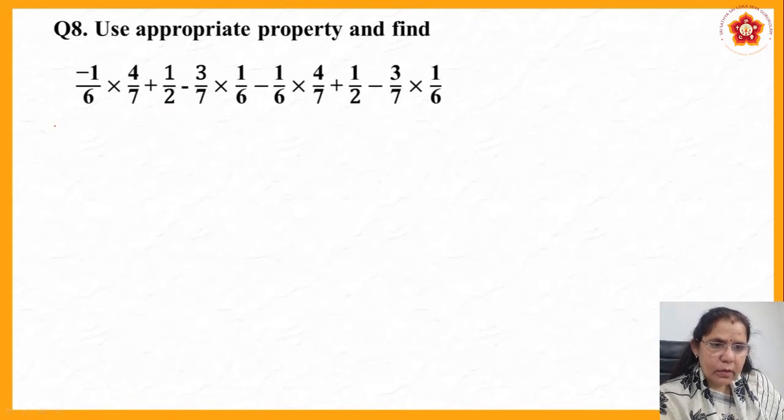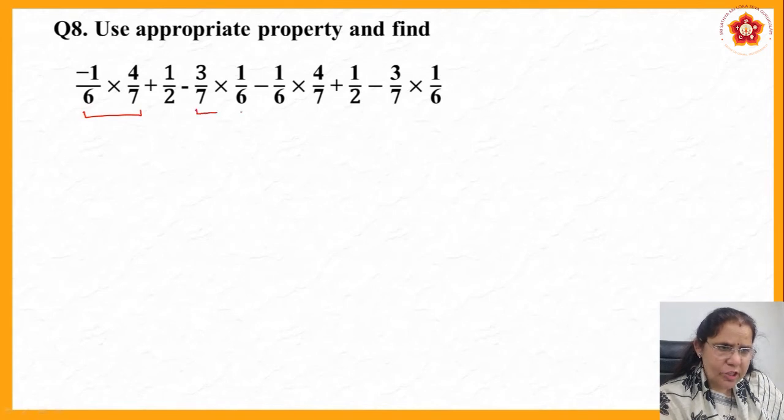You have to look at the question and see what the mathematical operators are here. We have a multiplication sign, we have an addition sign, and we have a subtraction sign. So if I look at it, this is the multiplication sign between these two numbers.